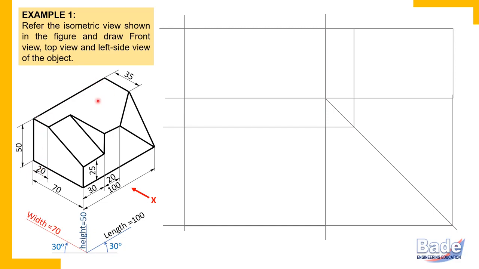And the edges which are not parallel to a reference axis are non-principal edges. So watch here, this edge is a non-principal edge. This edge is a non-principal edge. All these three edges of the surface are non-principal edges. This triangular surface has non-principal edges.